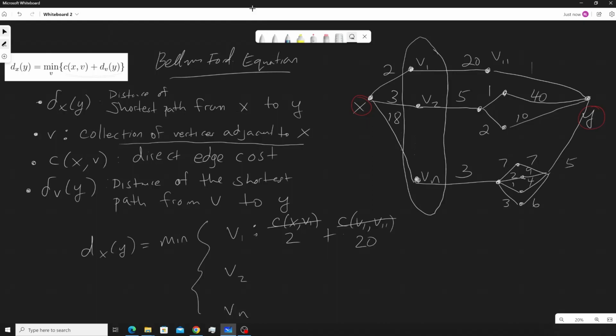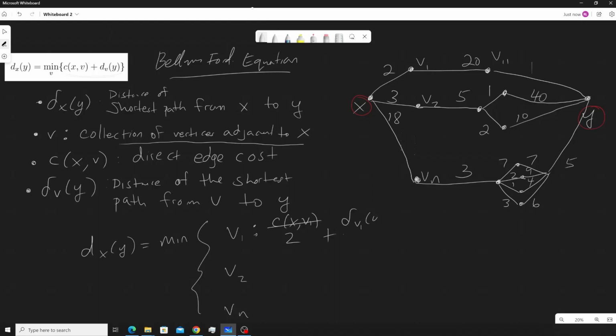Let me be consistent about this. We have c of x comma v1 plus d of v1 y. d of v1 y says starting from v1 get to y.